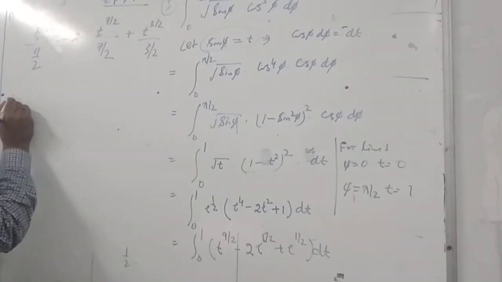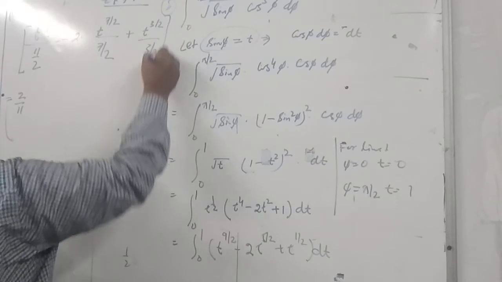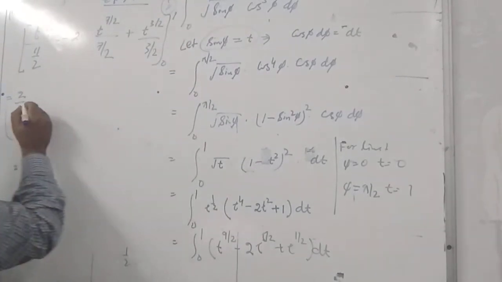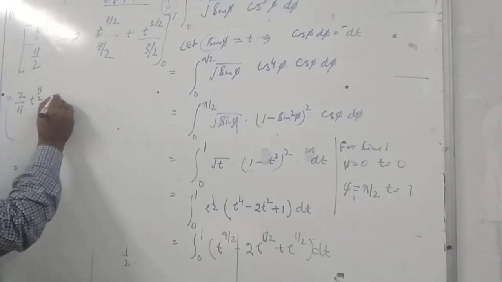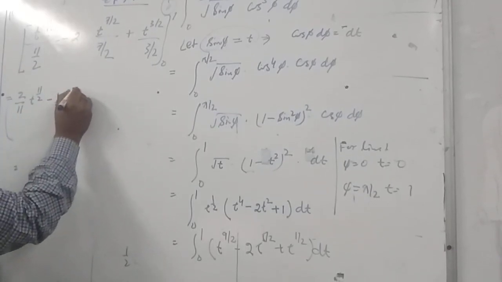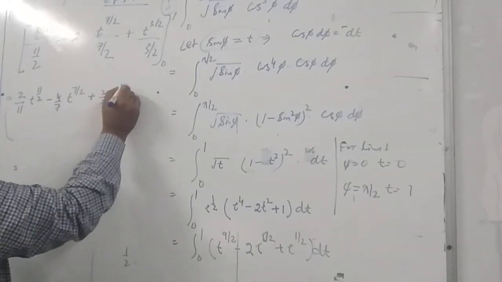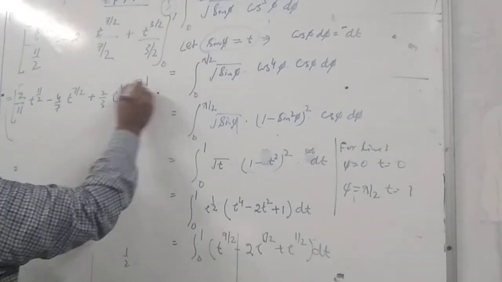More simplification: 2/11 t to the power 11/2 minus 4/7 t to the power 7/2 plus 2/3 t to the power 3/2, from 0 to 1.